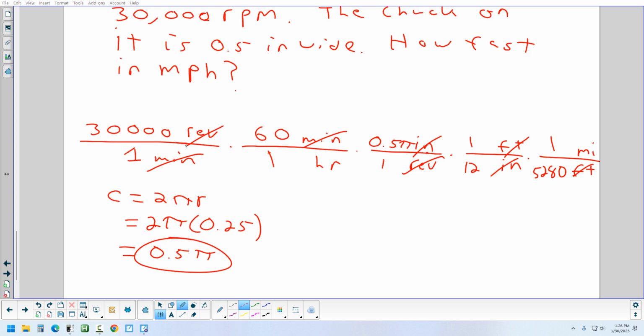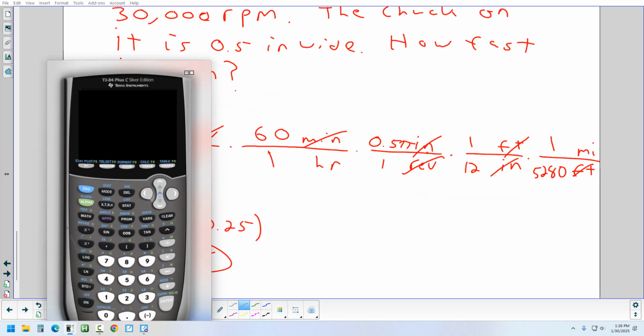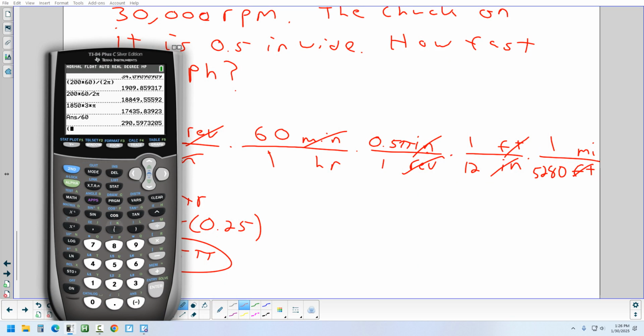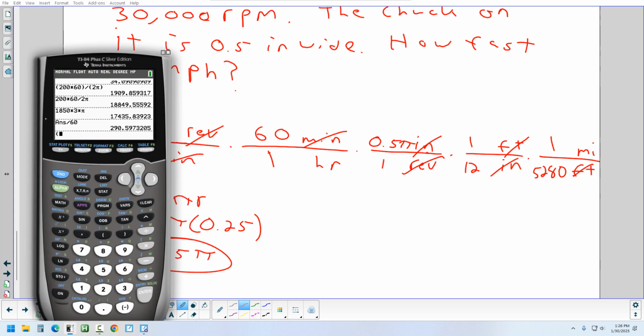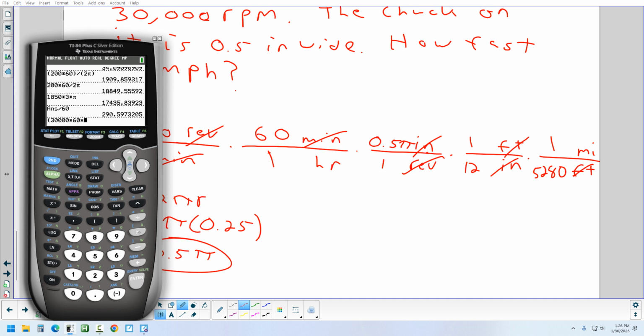Okay, because there's a few different conversions, I'm going to use parentheses again. So you're going to do 30,000 times 60 times 0.5 pi, and you don't need times 1 times 1.